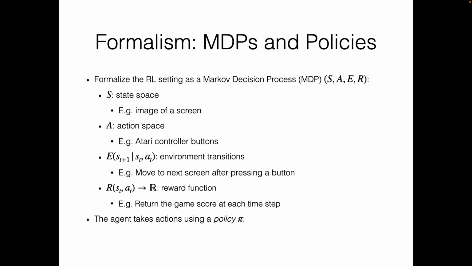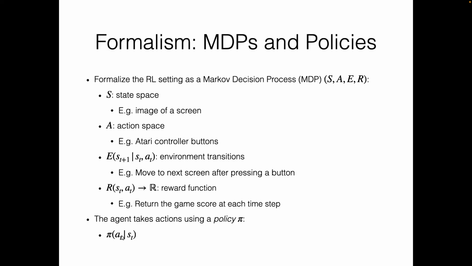Then the agent is going to take actions using what is called a policy. The typical symbol used is pi. So here we have this policy pi, and it takes in some state and gives us a distribution over different actions.